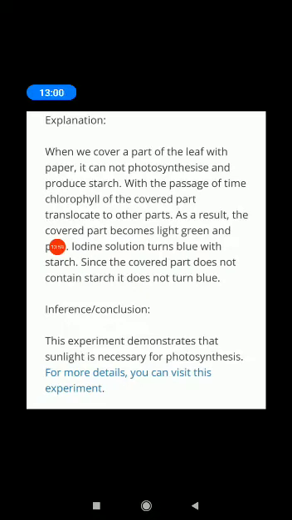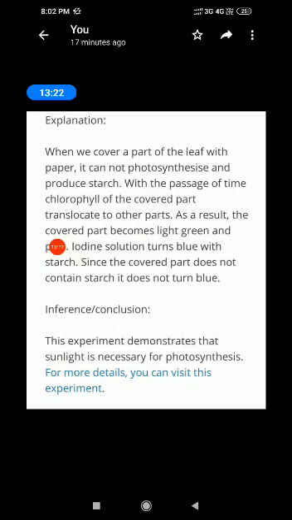As a result, the covered part becomes light green and pearl. Iodine solution turns blue with starch. Since the covered part does not contain starch, it does not turn blue.